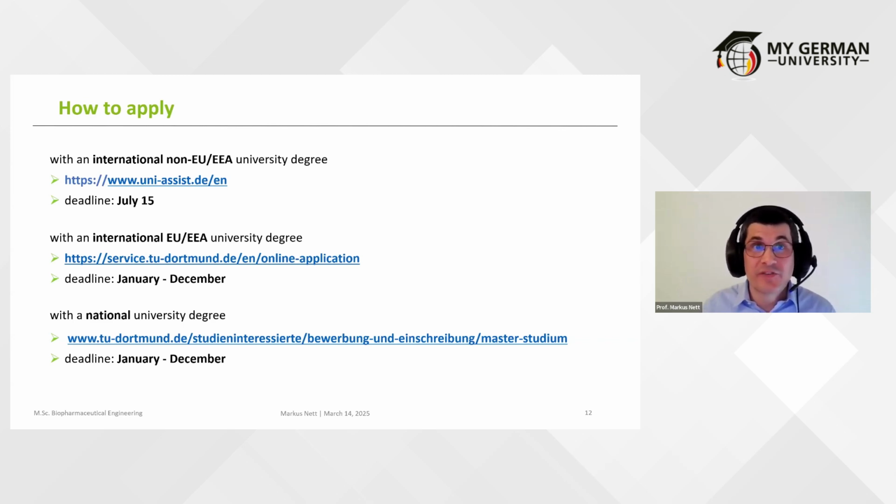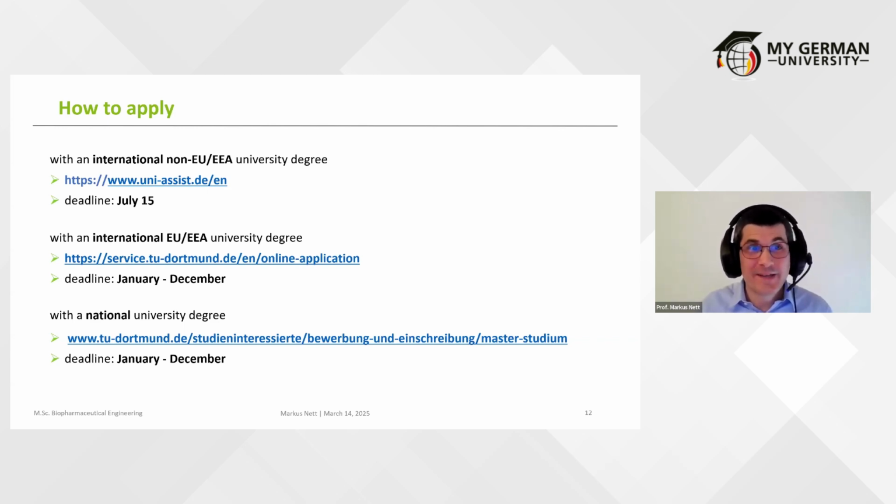And this brings me to the application procedure. This is quite simple. The application is always carried out online, and it depends a little bit. If you have an international non-European Union university degree, you have to use uni-assist for the application. Please note, in this case, the deadline is July 15th, so it's a little bit different. I'm sorry, we have not sent this information to My German University yet, so we have extended this deadline a little bit.